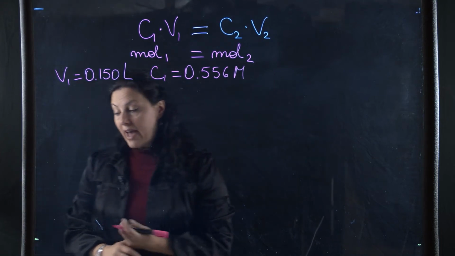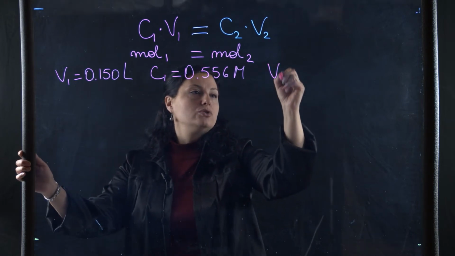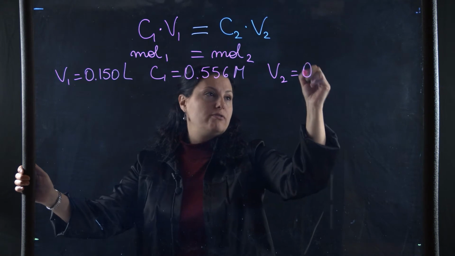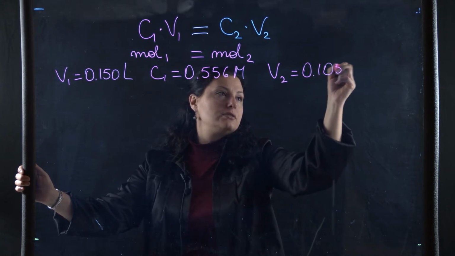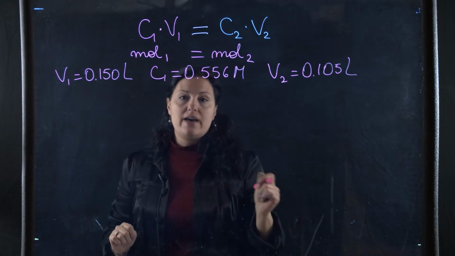My volume 2 is now 0.105 liters. So I'm going from 0.15 to 0.105.